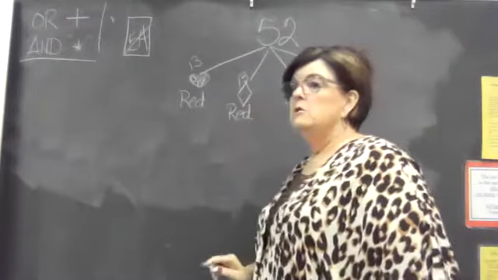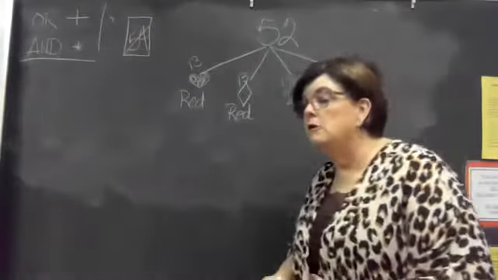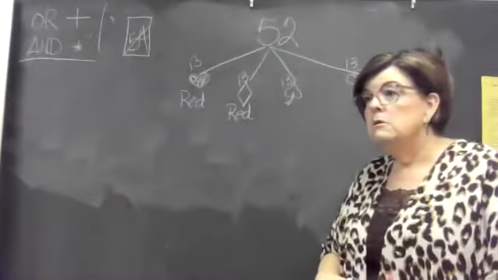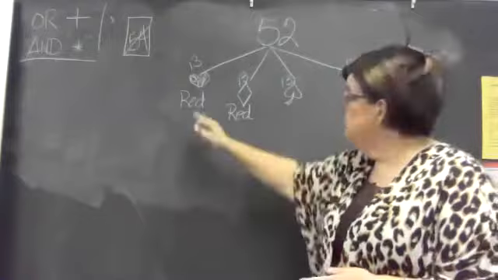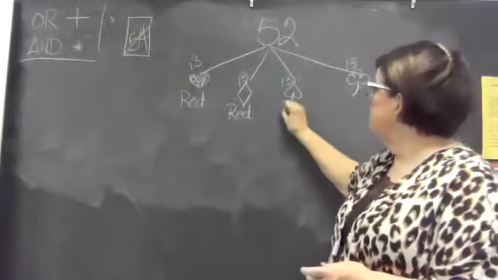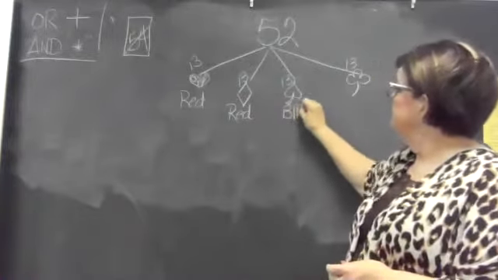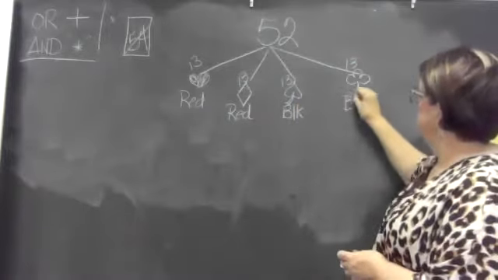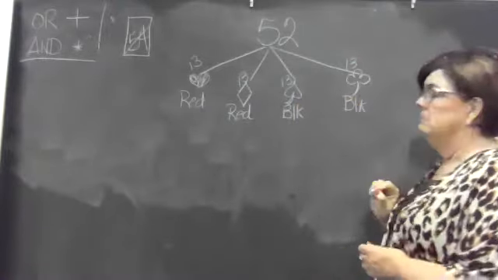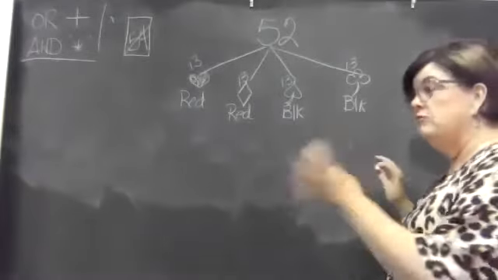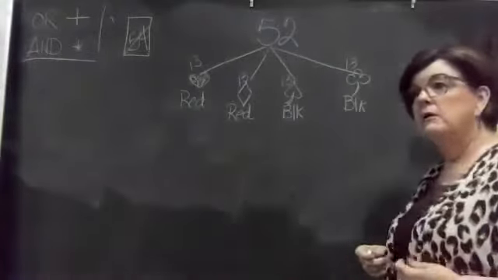So how many red cards are in a deck of cards? 26. There's 26, because here's some red ones and red ones. These are black. So there's 26 red, 26 black, okay?